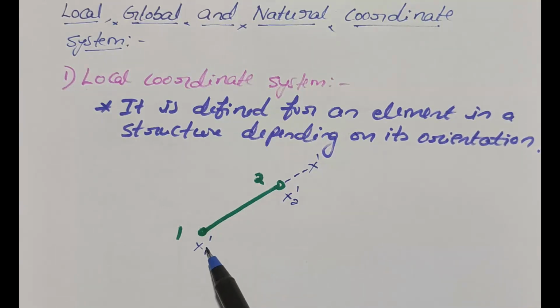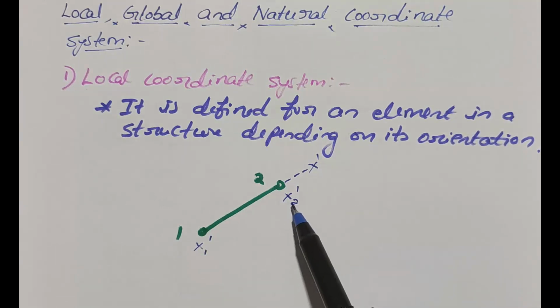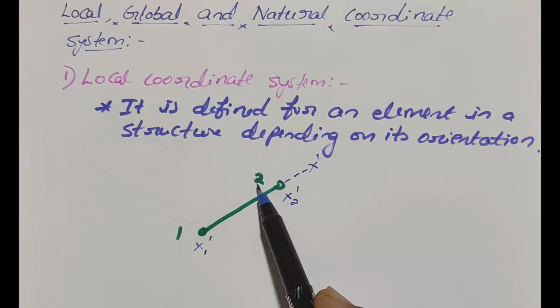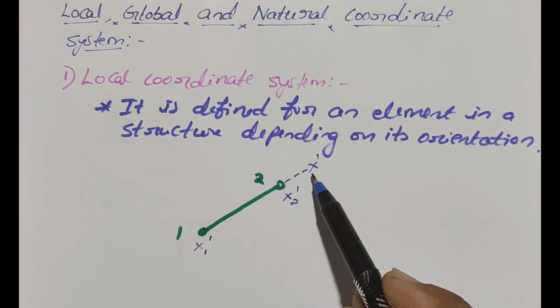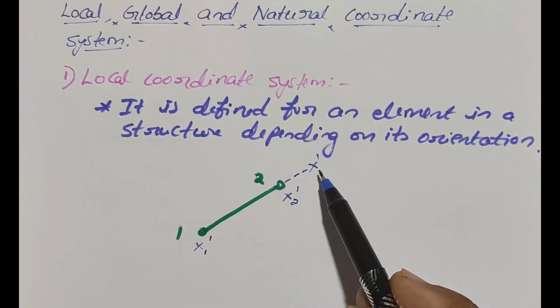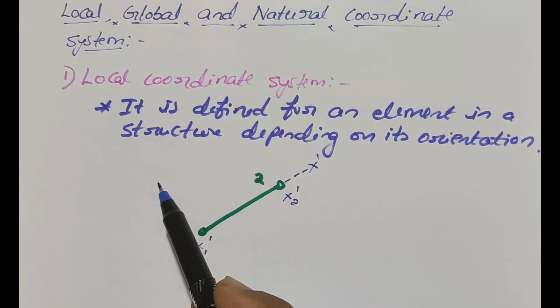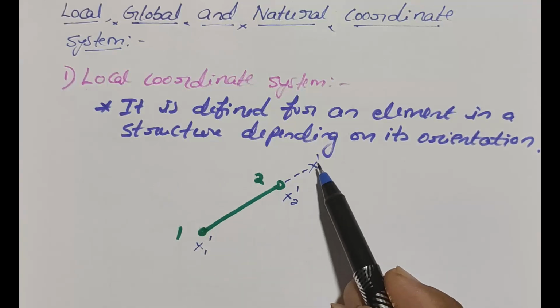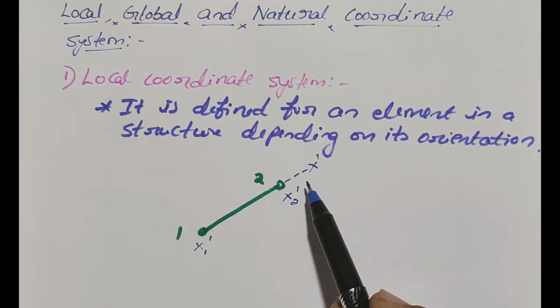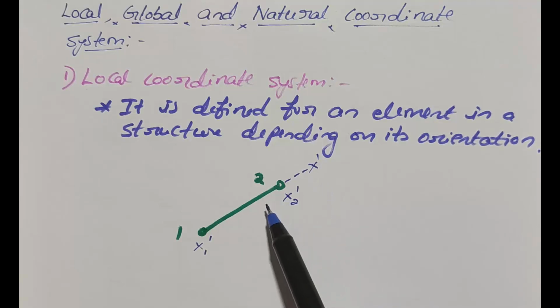So x1 dash is the coordinate for node 1, x2 dash is the coordinate for node number 2. This x dash is not fixed. As the orientation of the element changes, x dash also changes because it is defined for individual element in a structure.